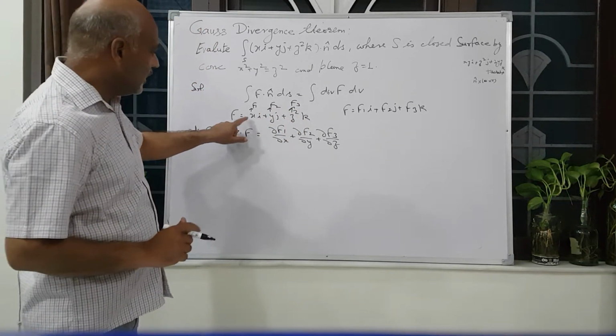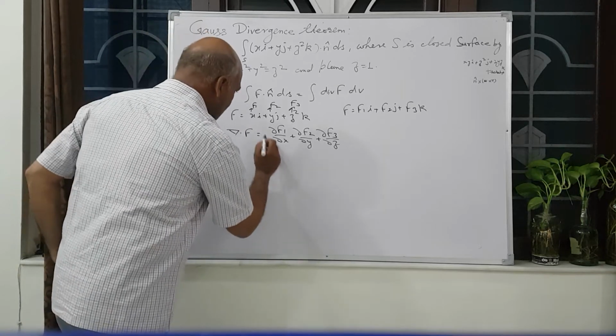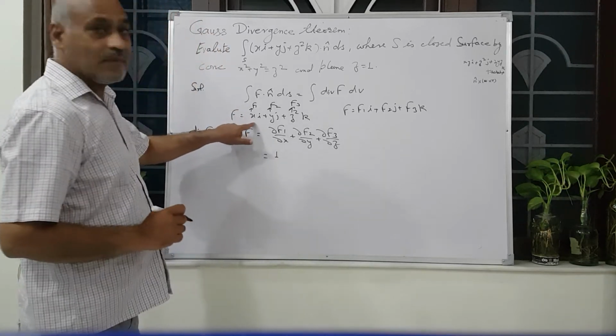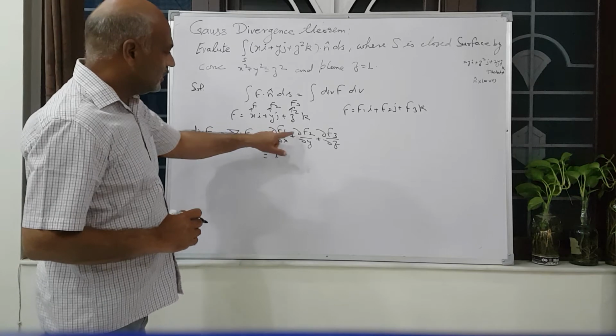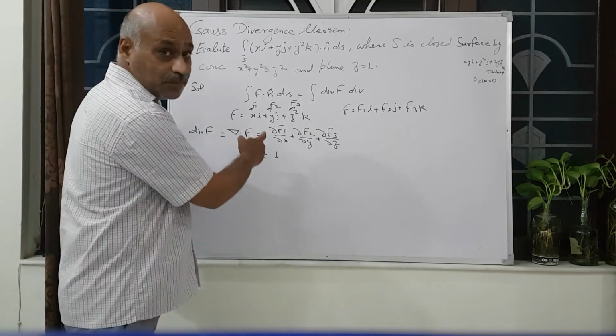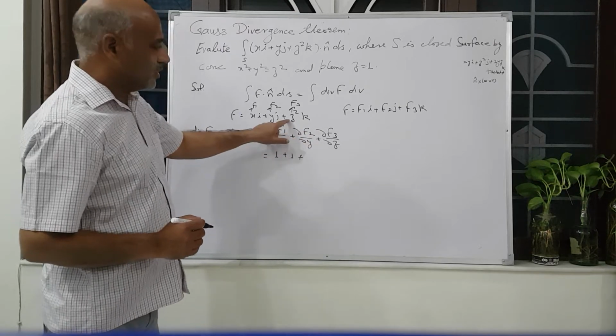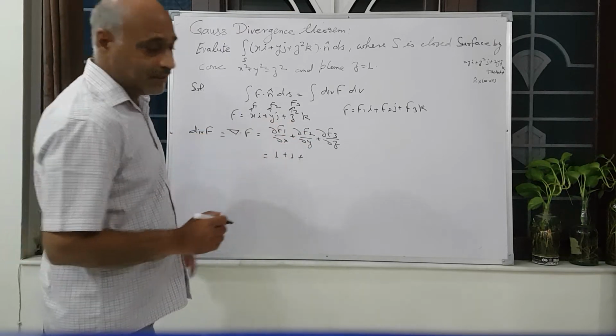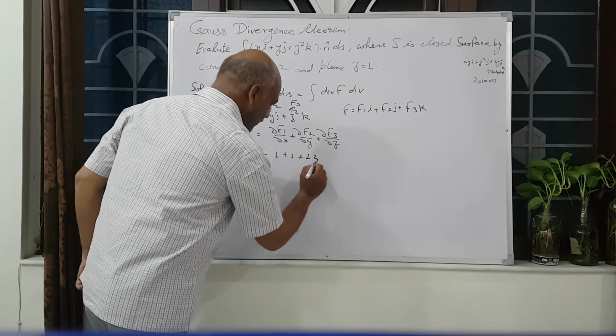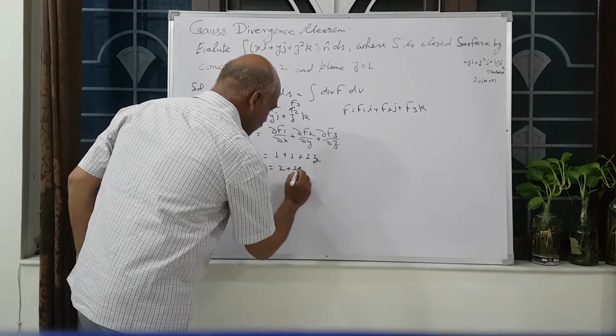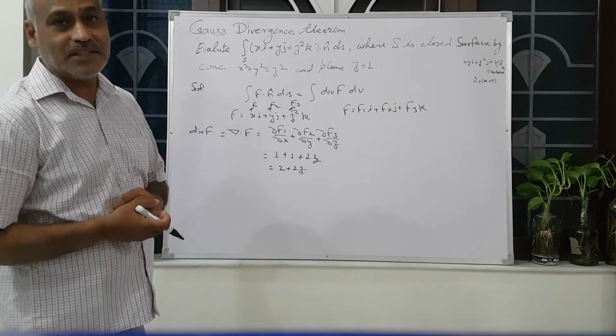So del F1 by del x is 1, then del F2 by del y with respect to y is also 1. Del F3 by del z, z square with respect to z, is 2z. So 2 plus 2z is the divergence of F.